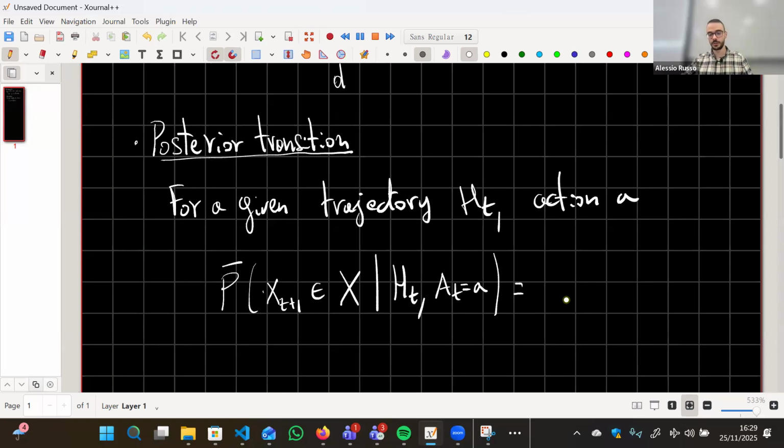So this posterior transition is simply the integral over the next observation of what?